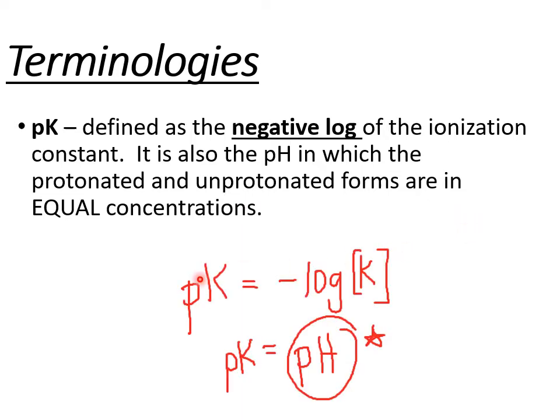So in formula, pK is equal to the negative log of the dissociation constant, which is usually computed by taking note of the contents of the substance. And by theory, this pK is also known as the pH, or the power of the hydrogen. This is usually the focus of our discussion for today.